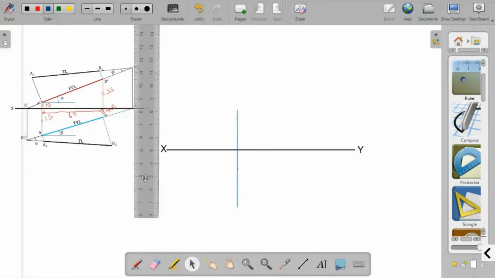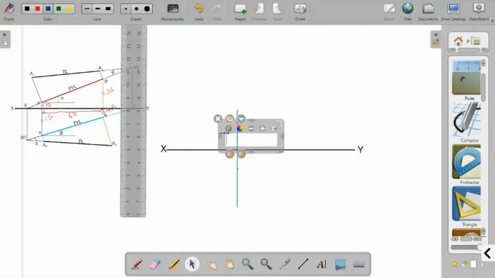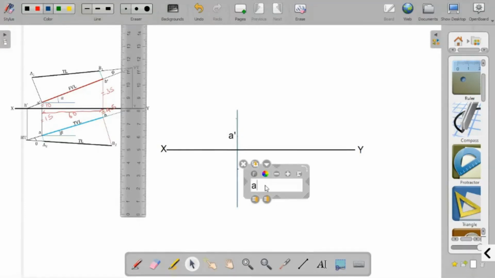So here is point A dash. This is point A.